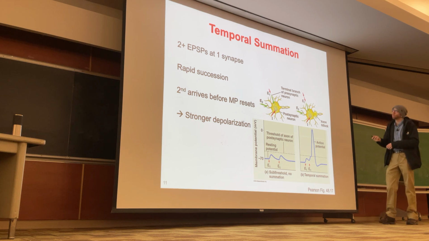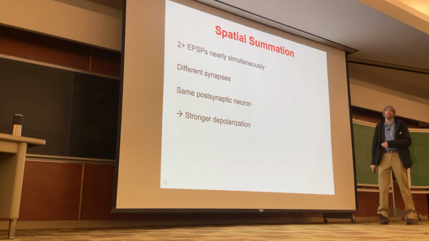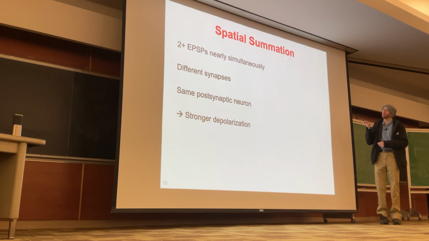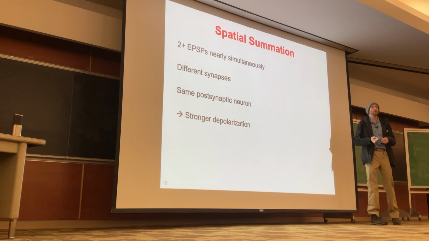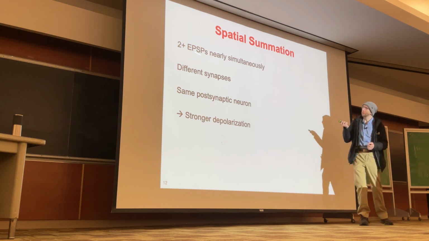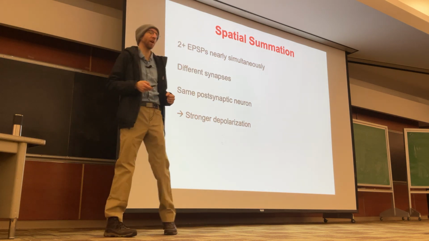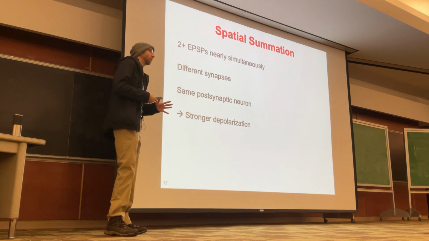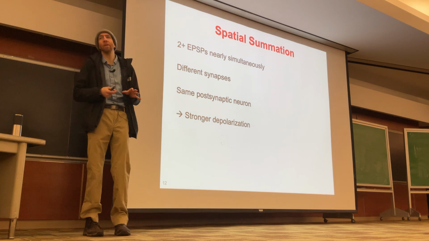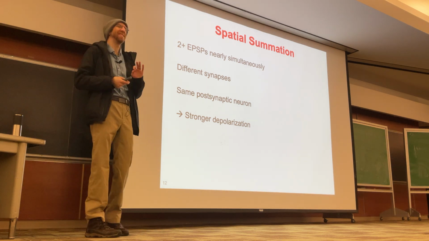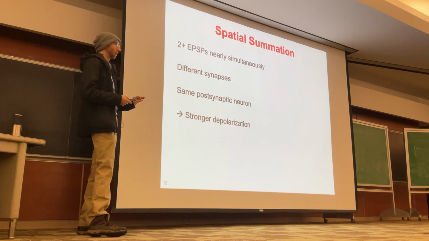Okay, let's keep going. The other type of summation is called spatial summation. And this is where two signals, this is actually a little bit imprecise, because it doesn't just have to be excitatory. This is where two or more signals arrive at about the same time from different synapses.